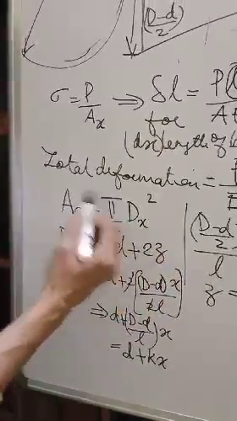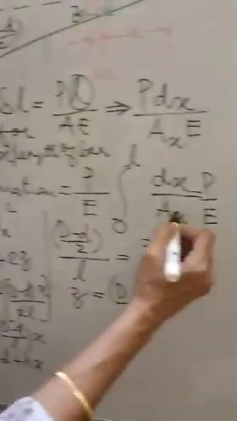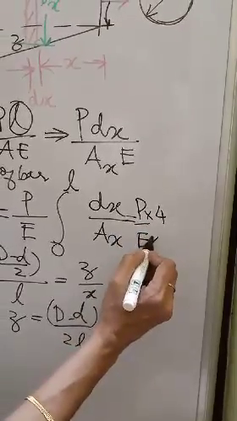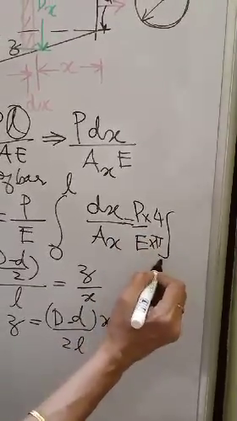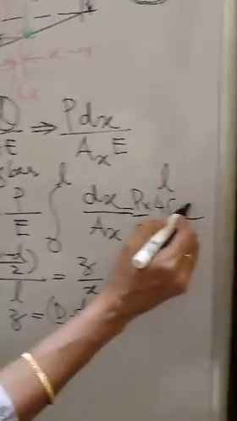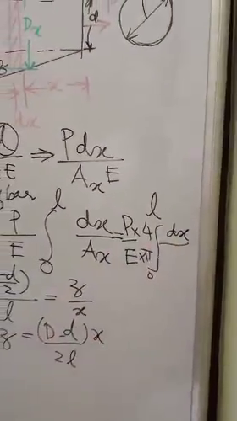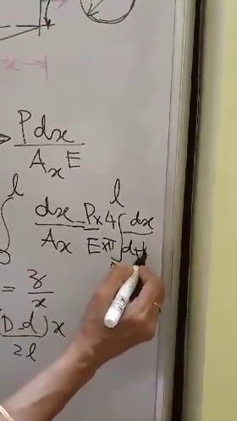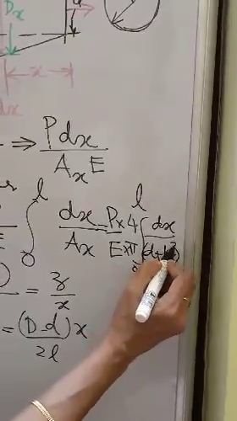This pi by 4 is also a constant, so this becomes 4 by pi, integral 0 to L, of dx divided by (d plus Kx) the whole square.